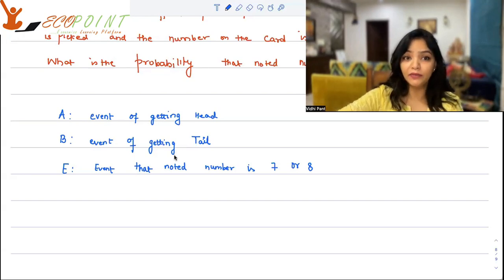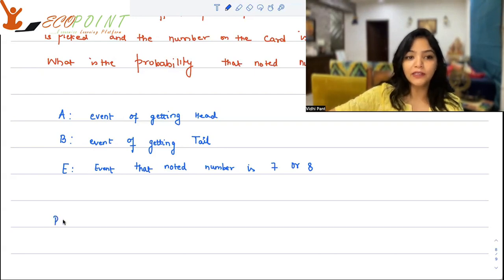Let B be an event of getting a tail. And let E be an event that the noted number is 7 or 8. Now, what are we supposed to find out? That the noted number is 7 or 8. Now, 7 or 8 you can fetch under all circumstances, as in under the circumstance that you got a head, under the circumstance that you got a tail.